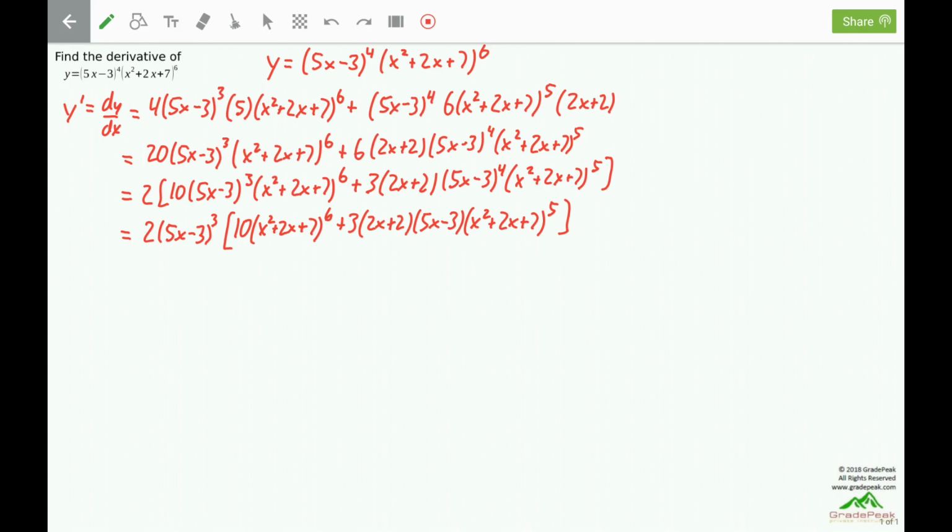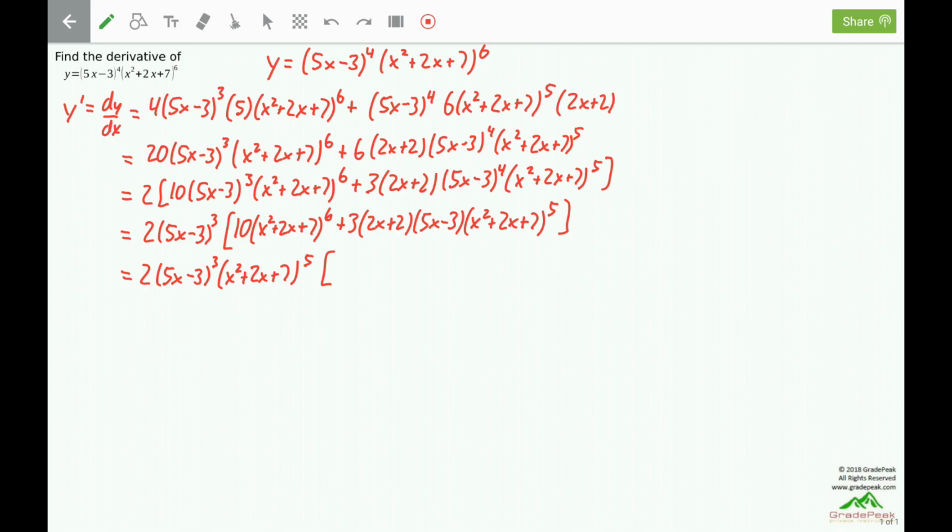The next thing I can factor out is this expression. Now we have it to the 6th power and to the 5th power. The lower, the 5th, is what we will remove. So we'll have 2 times (5x minus 3) cubed times (x squared plus 2x plus 7). We're going to factor out 5 of those and see what that leaves us with.